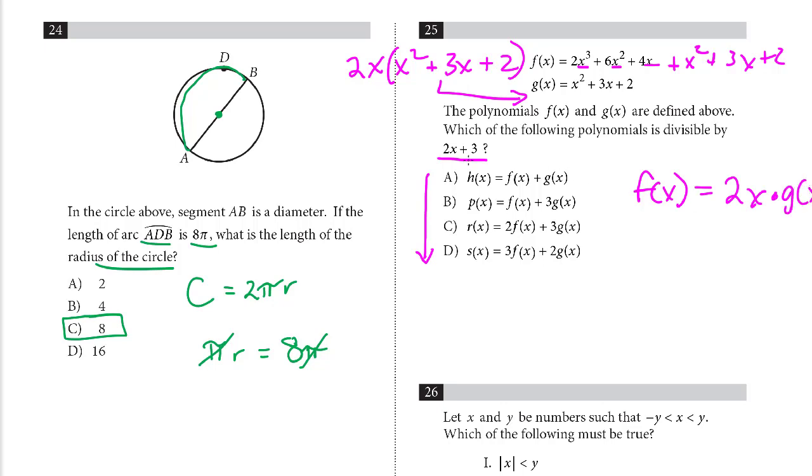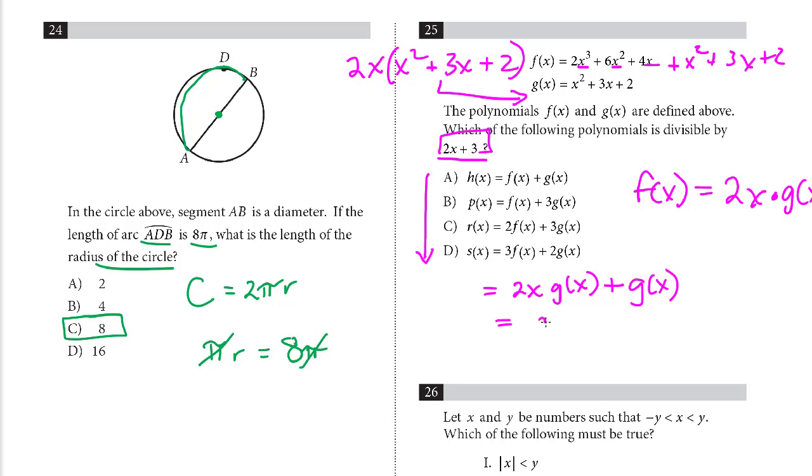Well, that's important because now that I add f of x and g of x, I'm really just adding up g of x's if I put them together. So now I need to find the one that's going to have 2x plus 3 as a factor. So let's look at A now. That is f of x, which is 2x g of x, plus g of x.